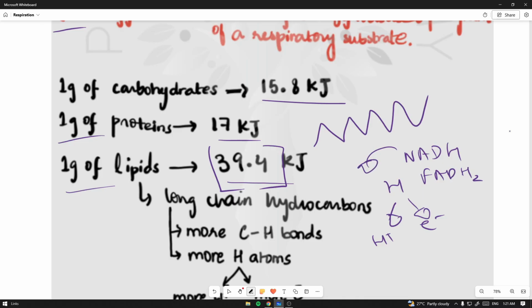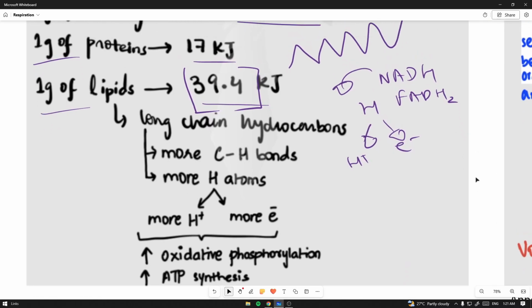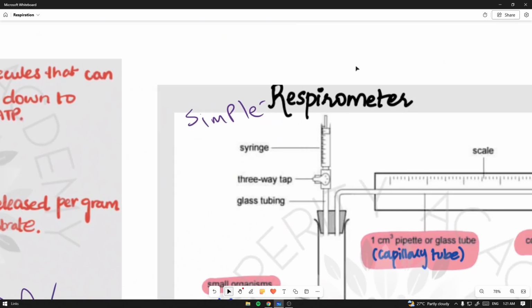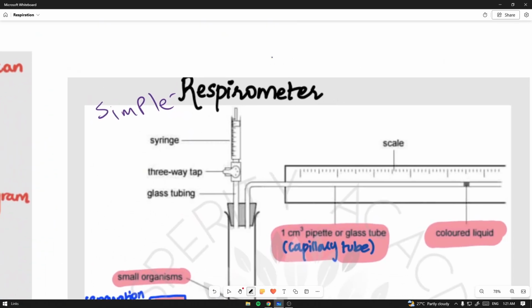The NADH and FADH2 release their electrons in the ETC, and in the cristae of the mitochondria, chemiosmosis takes place. Basically, oxidative phosphorylation takes place, and more NADH and FADH2 means more oxidative phosphorylation, and oxidative phosphorylation creates ATP. So more oxidative phosphorylation equals more ATP. Simple math. Anyways, we're gonna take a look into the respirometer, right?